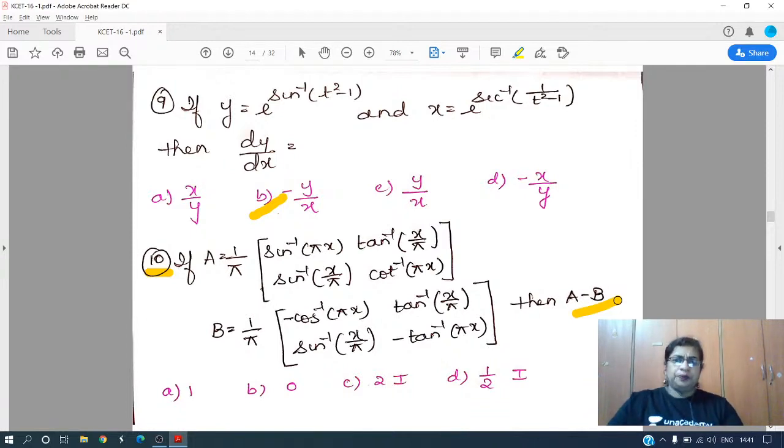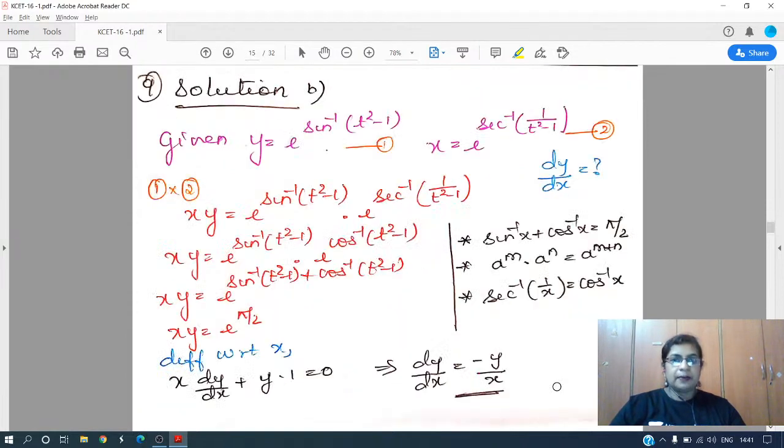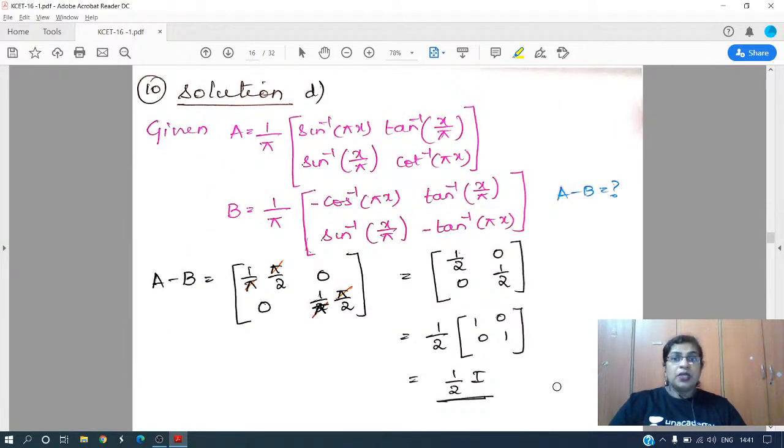I have to do the subtraction. Okay, so now let us see which option is satisfied here. Here everything looks complicated, and look at the option. Options are simple. So that means I have to reduce it to a simpler way, isn't it? Yes? Oh, yes. So let's see how to get it simplified. So here I have A and B. Now look at here. Sine inverse pi x minus of minus.